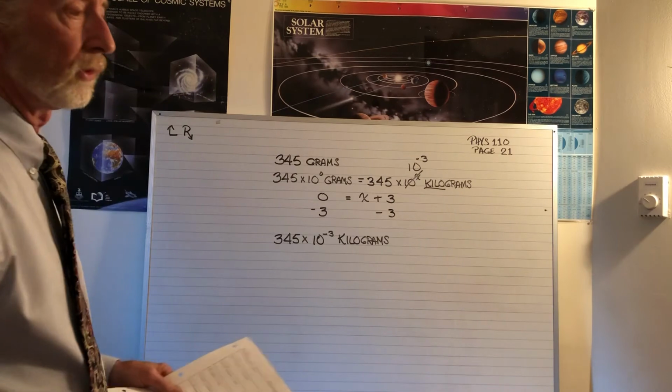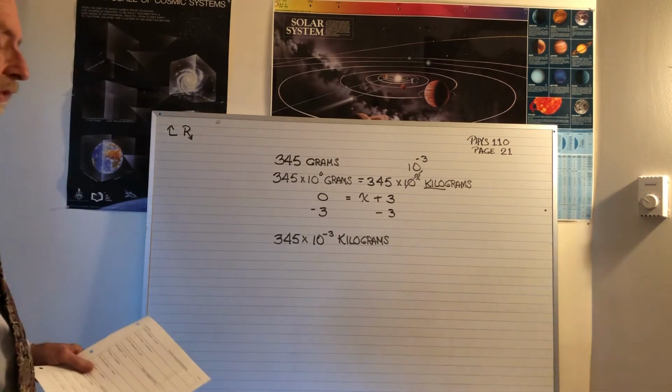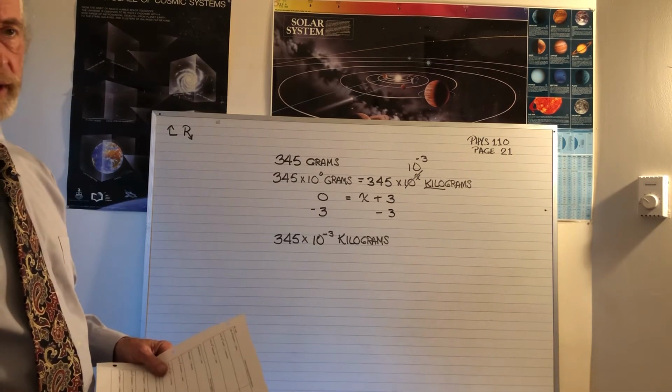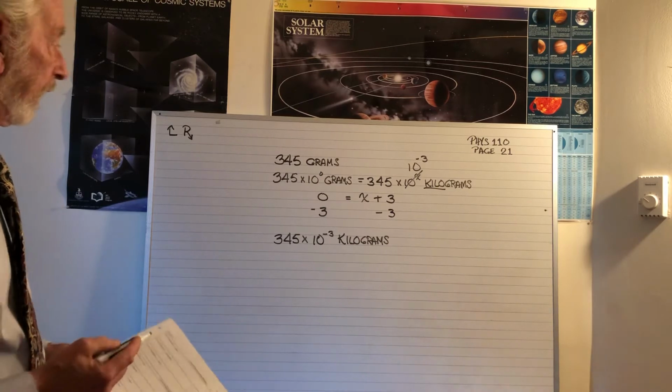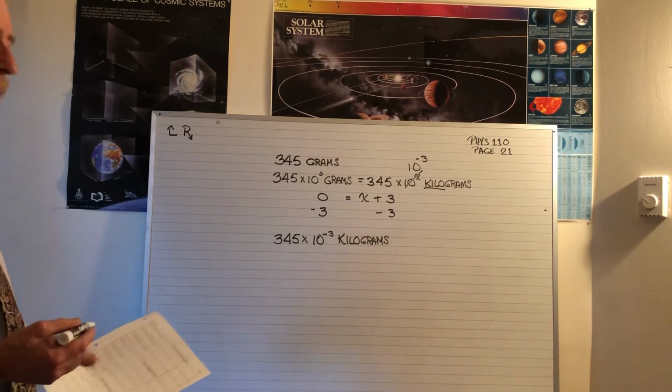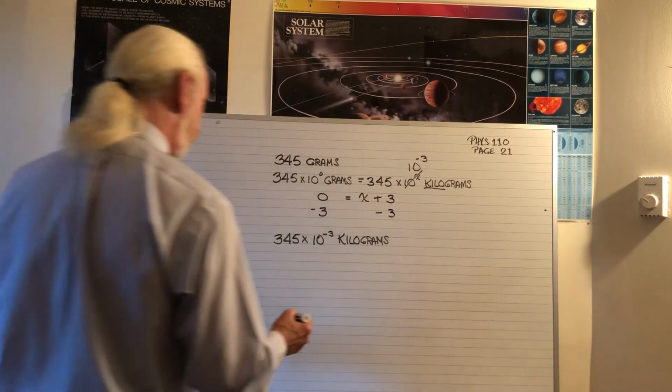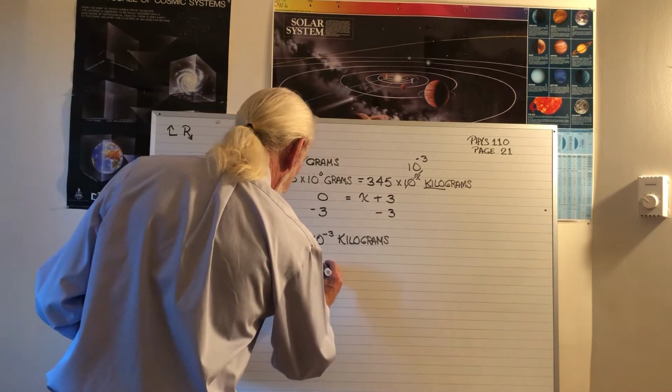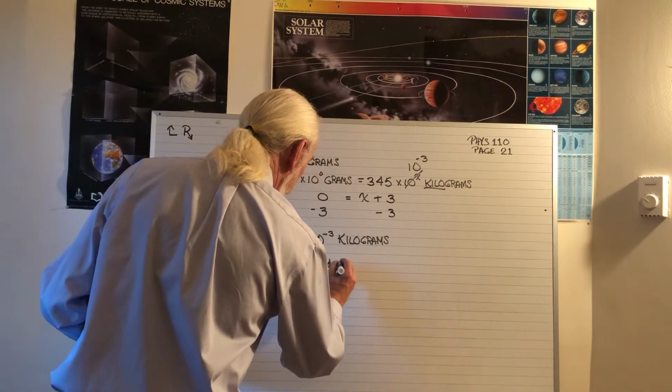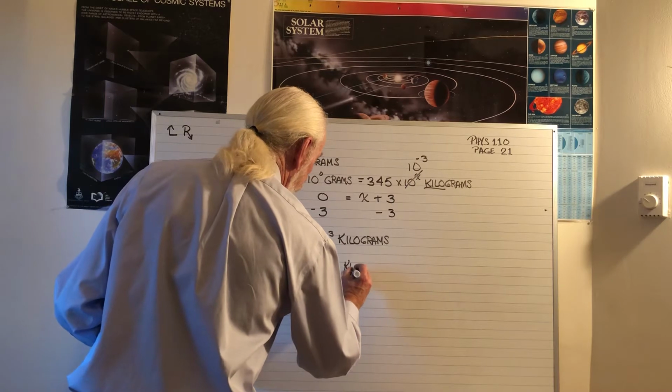But I want standard notation, which is 10 to the 0. So from a negative 3 to a 0 is going up. And if the exponent goes up, the decimal goes left. So it becomes 0.345 kilograms.